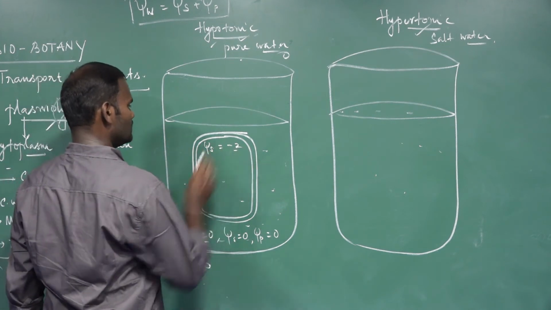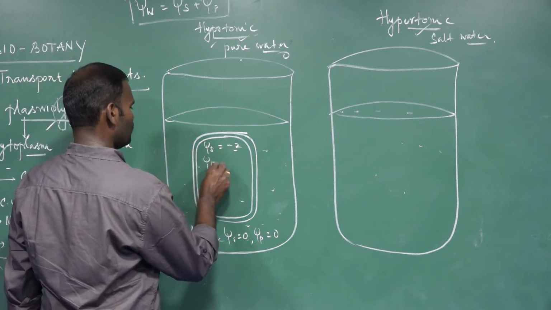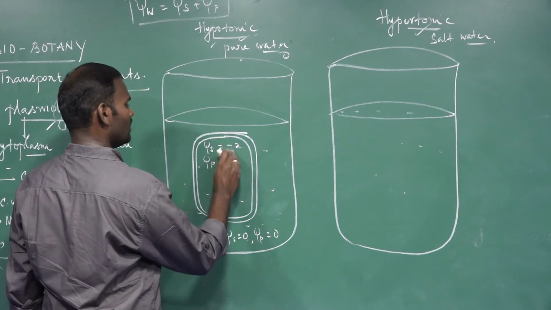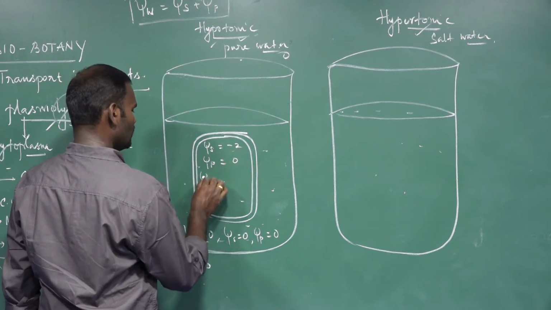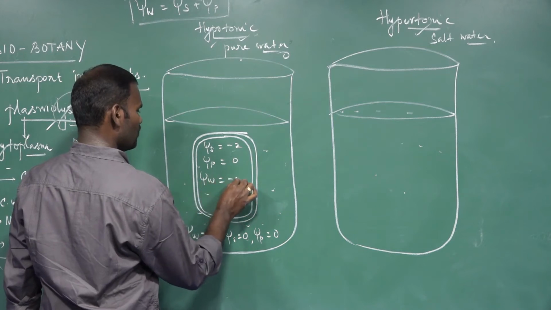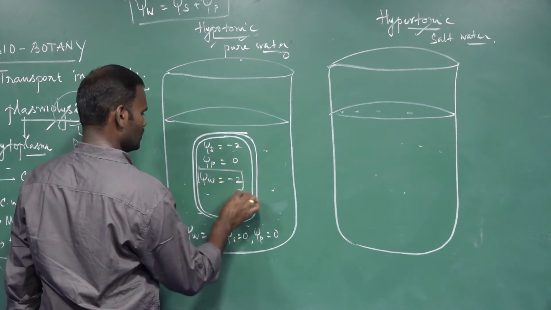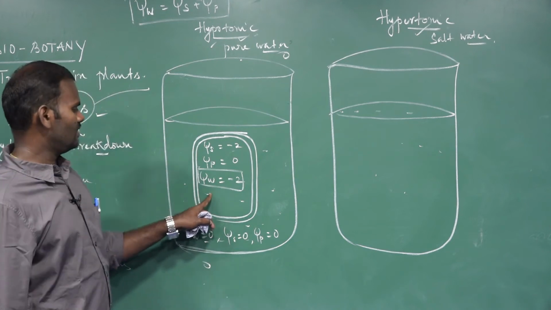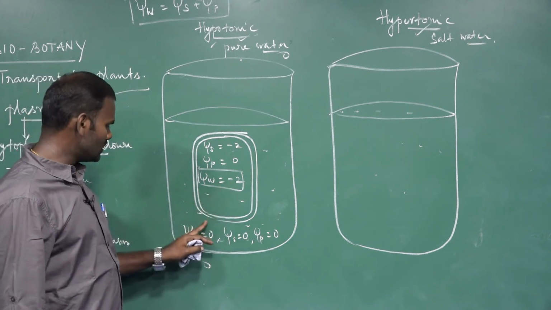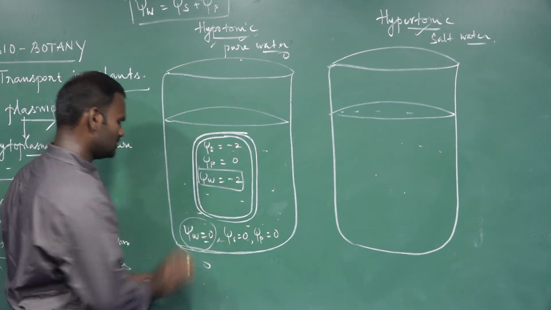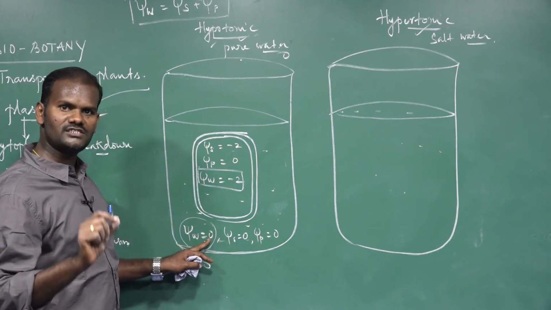So solute potential negative value -2, pressure potential 0. So we know what the water potential is: -2. So inside the cell, the water potential is negative value. Outside the cell, the water potential is maximum 0.